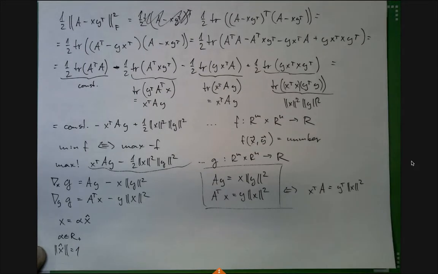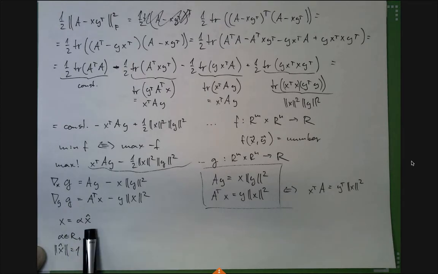Basically, I'm splitting the unknown x into the magnitude and a unit vector. I can always do that: any vector I can write using its length and the unit direction.